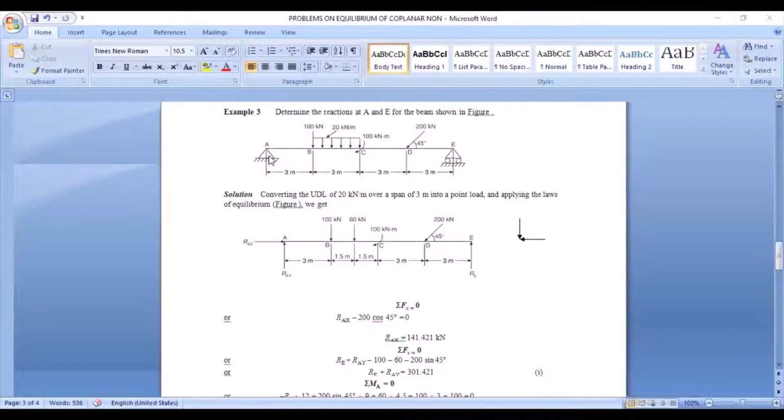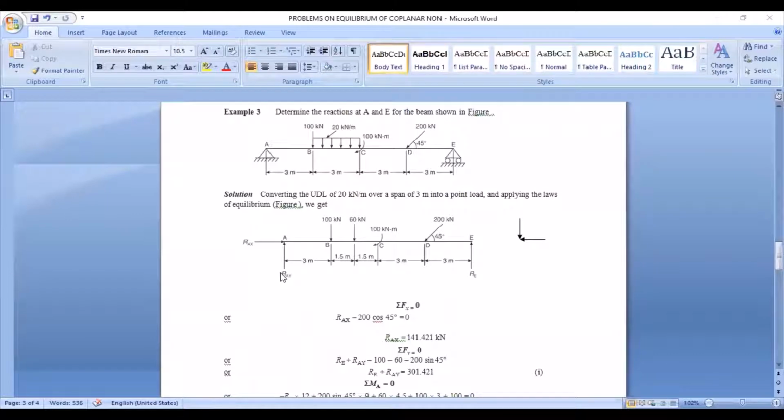Now let us come to the reactions. At point A, we have a hinged support, which has two reactions, one vertical and one horizontal. So we have given two reactions, that is RAY in the vertical direction and RAX in the horizontal direction. Now the question arises, why these names RAX and RAY?